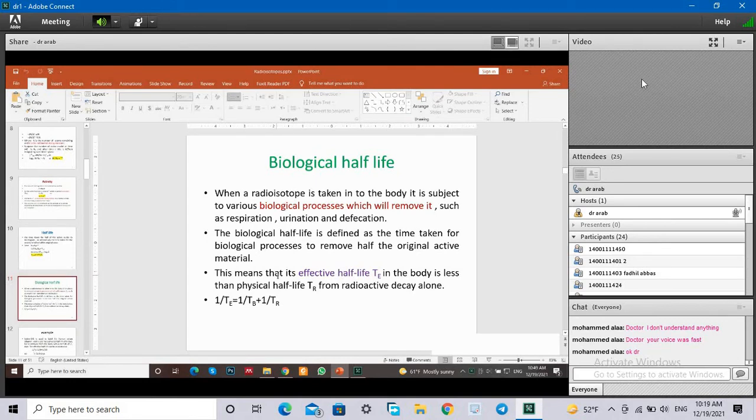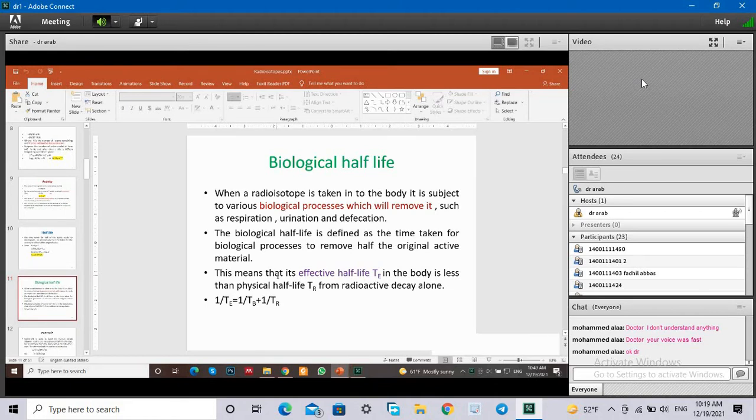But the other component that is very important when we have a radioactive nuclide is biological half-life time. And what is it?